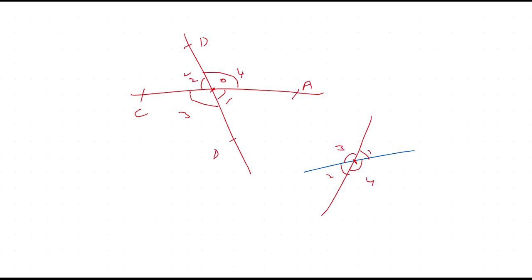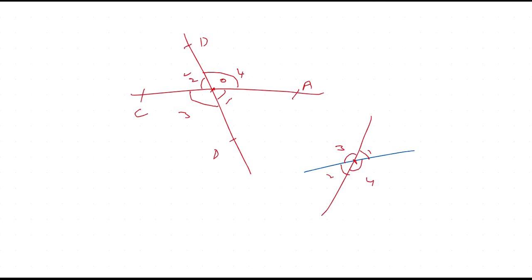There is a property. When 2 lines are intersected at a point, we are getting 4 angles. That means 2 pairs of vertically opposite angles are equal. Look here. Angle 1 and angle 2 are equal.